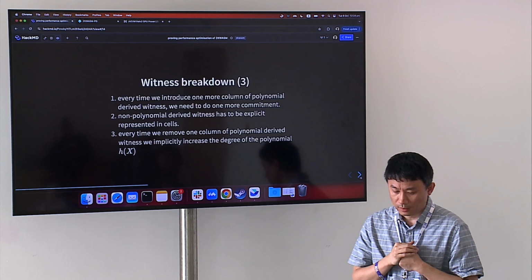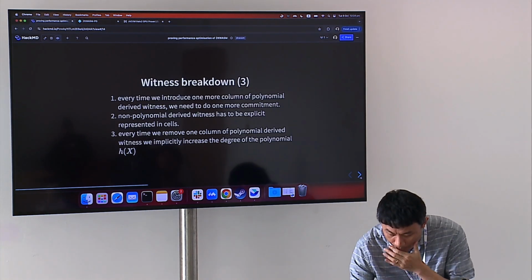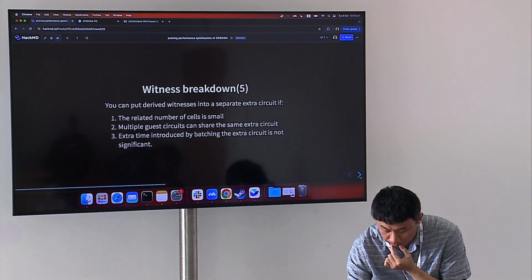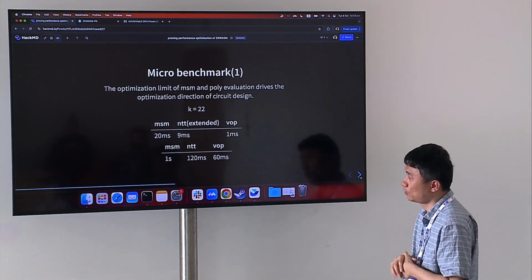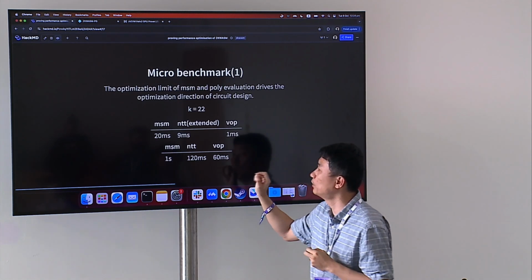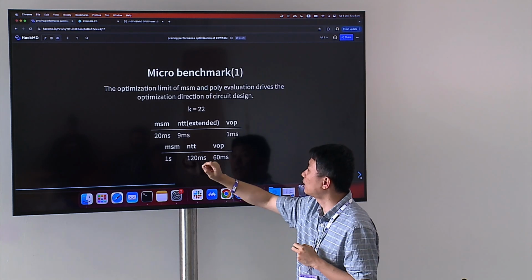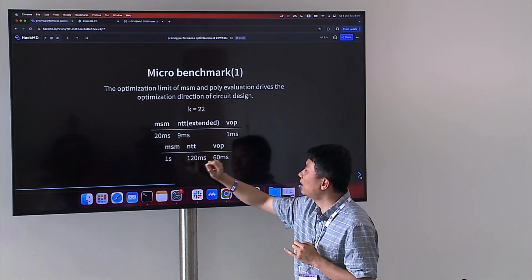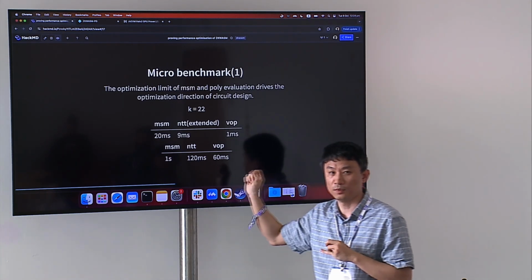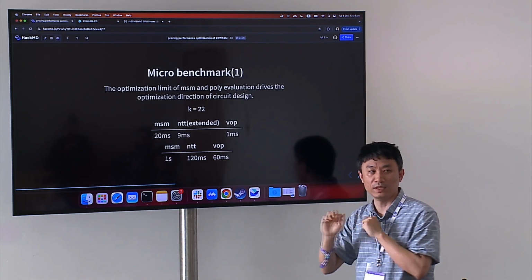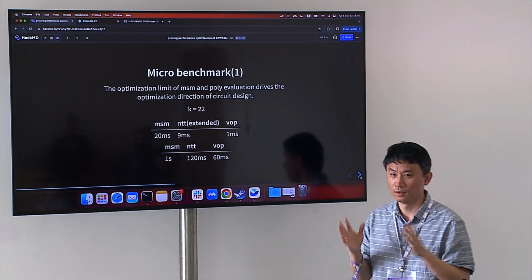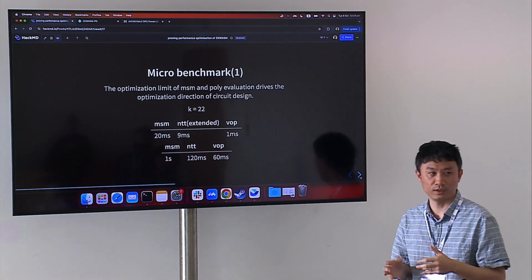But in GPU, what we're trying to do is, instead of delegating all computations to MSM, we would like to make the polynomial as complex as possible so that no intermediate witness can be put into the witness matrix.